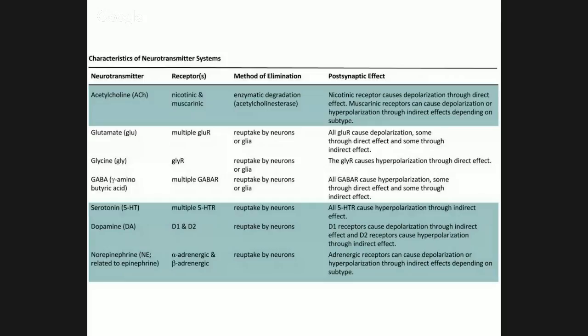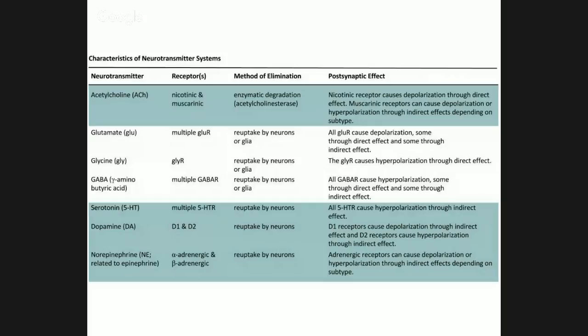They are all going to cause hyperpolarization through indirect effects. So they're metabotropic receptors, and they hyperpolarize the targets. So serotonin is actually very much like glycine and GABA in the fact that all three of these cause inhibitory postsynaptic potentials. And they can be called inhibitory neurotransmitters, which is technically not the most correct way to say it, but you might hear that.